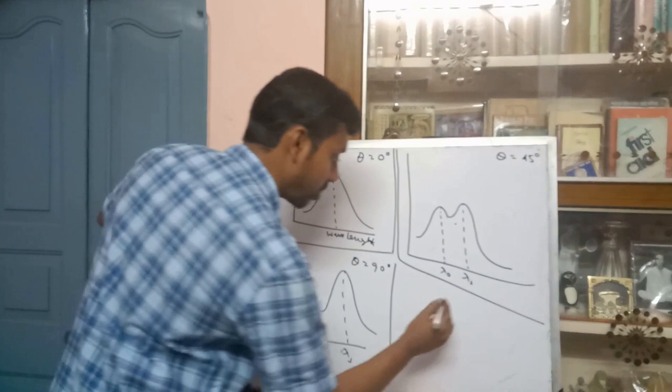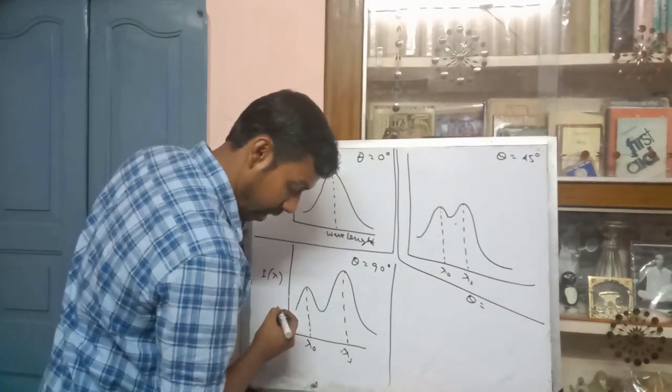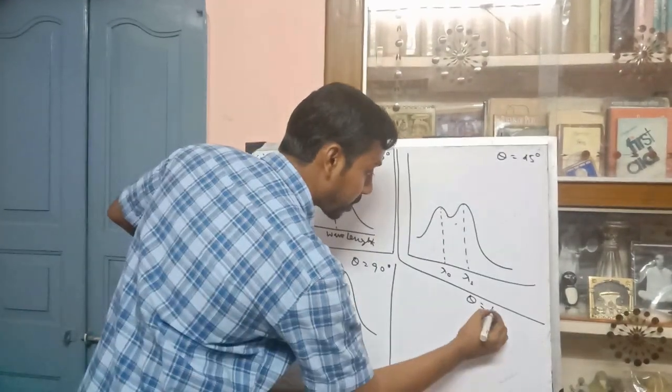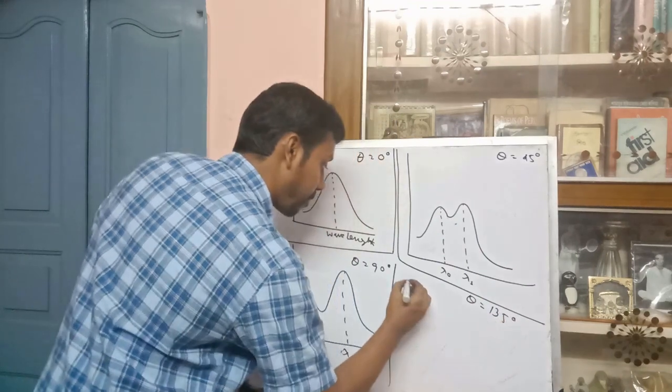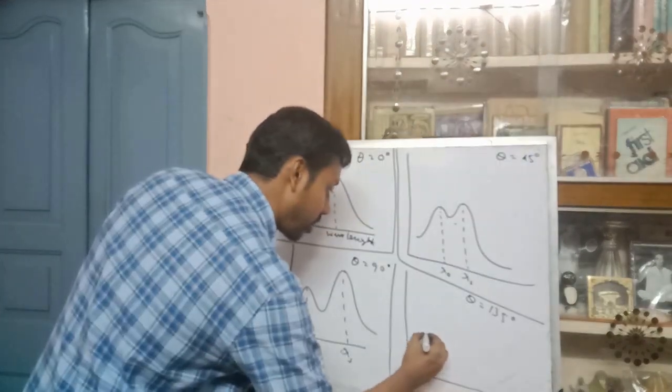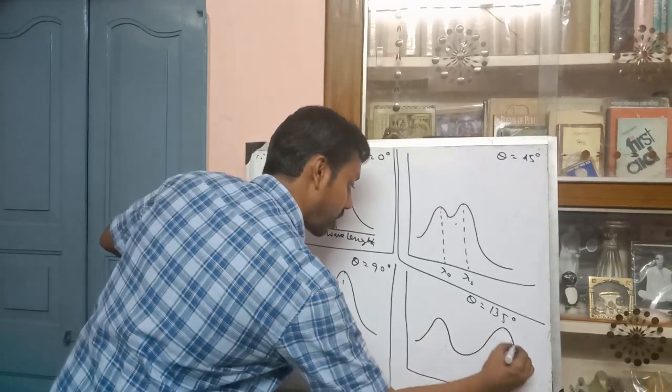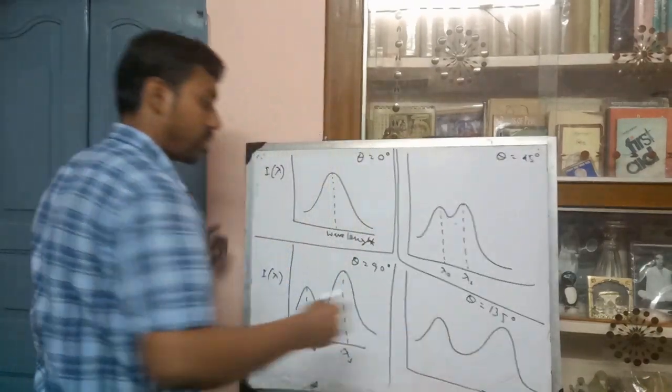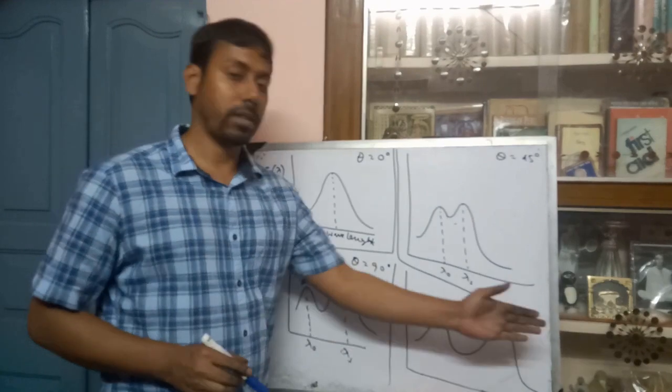And for theta equal to 135 degree, this peak is gradually shifted.